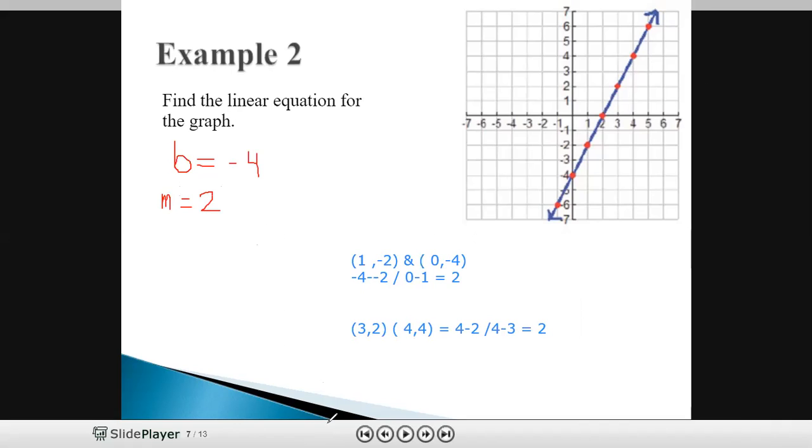Now we want to write the equation. So the equation by the end will be, Ali, okay, go on. y equals 2x minus 4. So it will be y equals 2x minus 4.